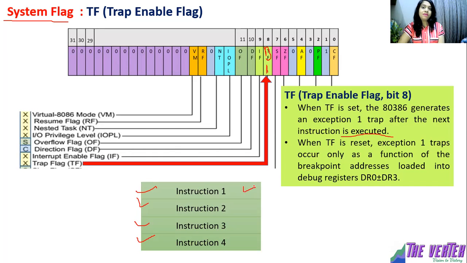But if the trap flag is 0, if it is not set, then we can check the status of registers or result only after execution of the entire program. So this is the meaning of the trap flag.